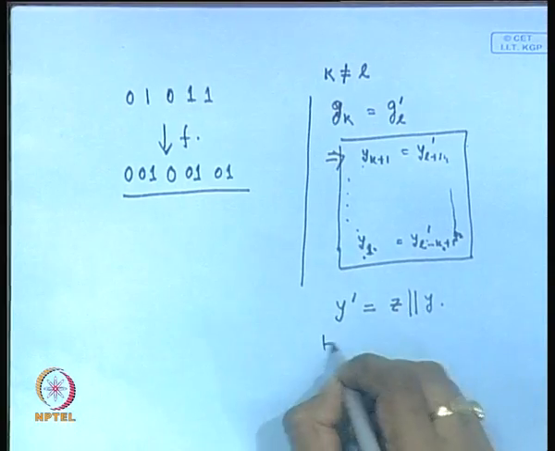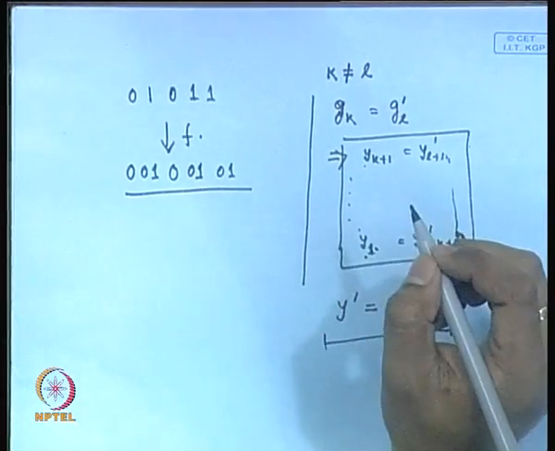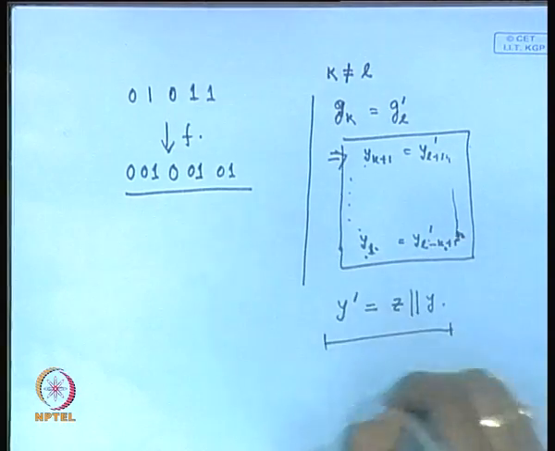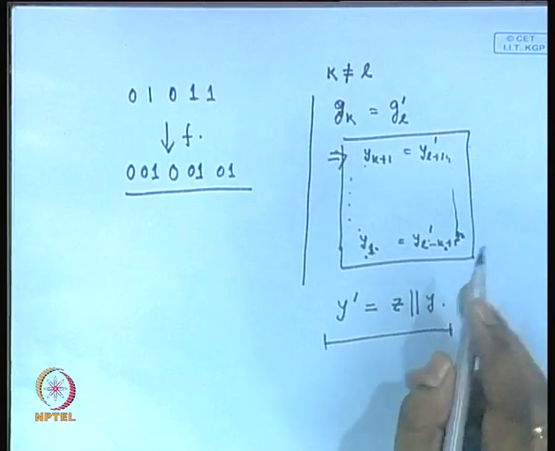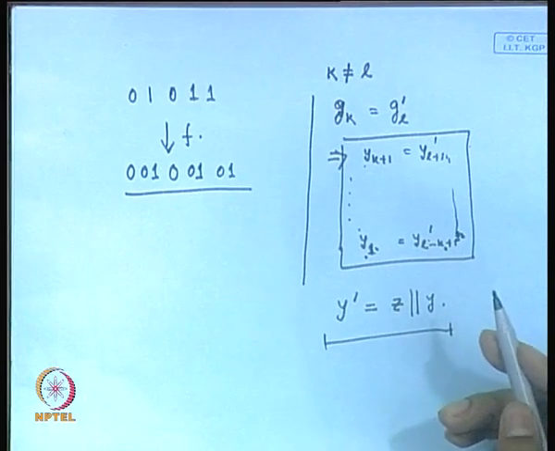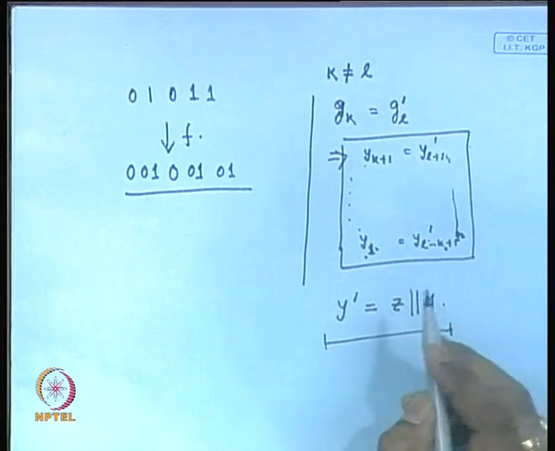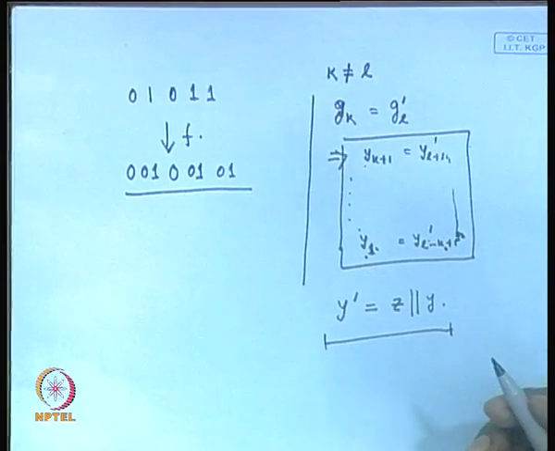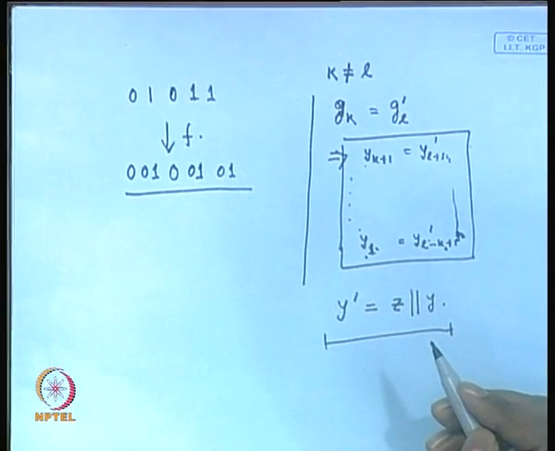Therefore this violates my property of the encoding function, so this cannot happen. So again you are showing a contradiction, and this establishes the fact that if the compression function is collision resistant, then your hash function is also collision resistant.